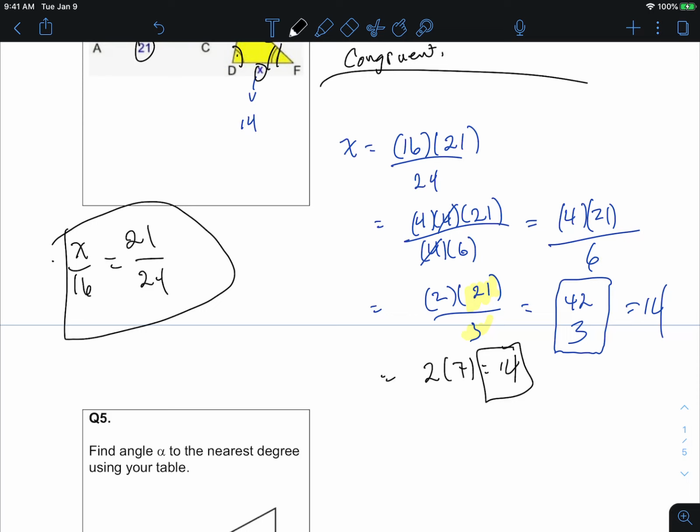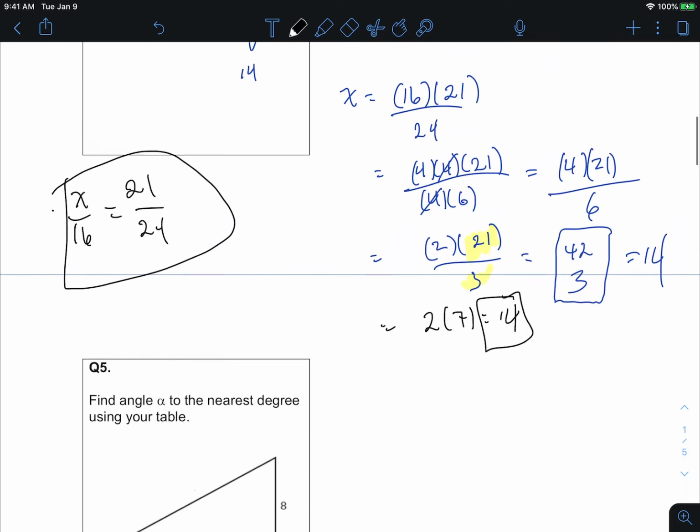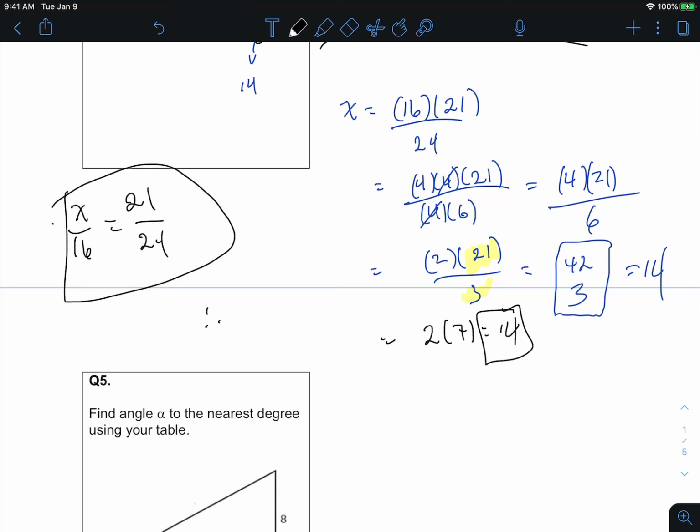So you're going to have 2 times 7, right? 2 times 7 equals 14. There you go. Now you could write your missing side length, therefore your statement.